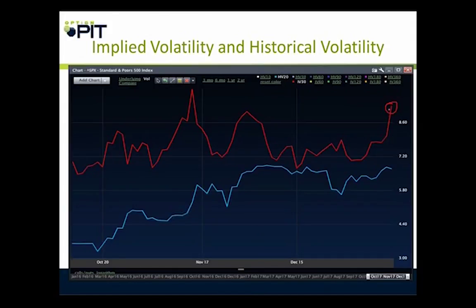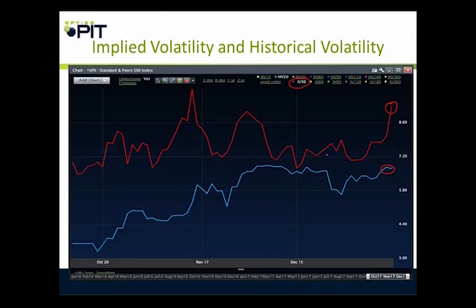This is what the market is guessing the next month will look like, 30-day implied vol. This blue line is historical volatility. So what is historical volatility? That is what has happened the previous 20 days.